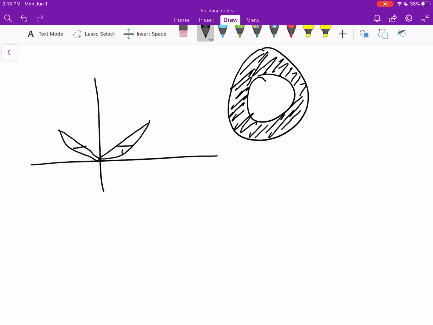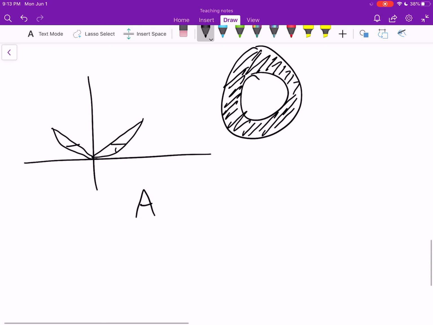And so we talked about it, you can imagine the area of this thing. We'll call this blue one R out.